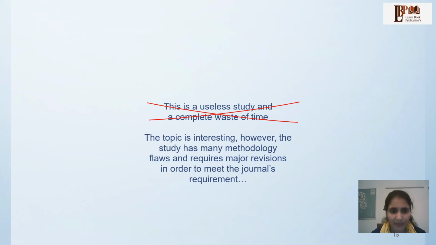So always remember that. You can start off with something like, the topic is interesting, however the study has many methodological flaws and it requires major revisions in order to meet the journal guidelines. It is comparatively a much better way to comment and to advise what needs to be done.